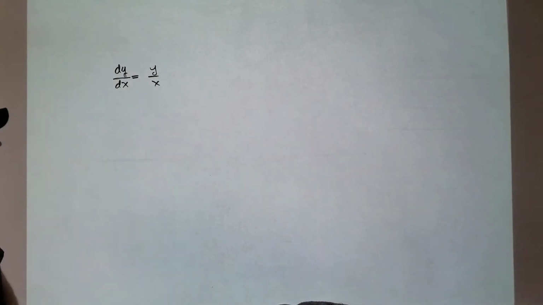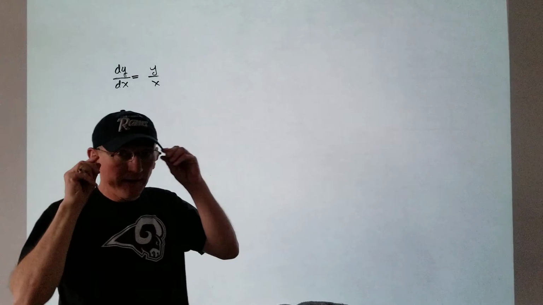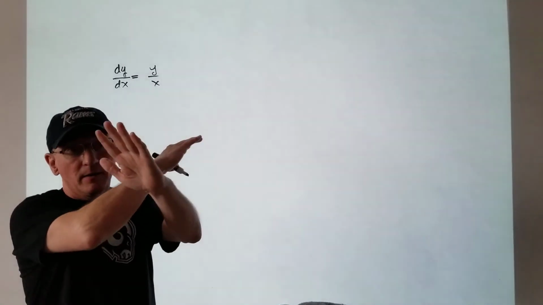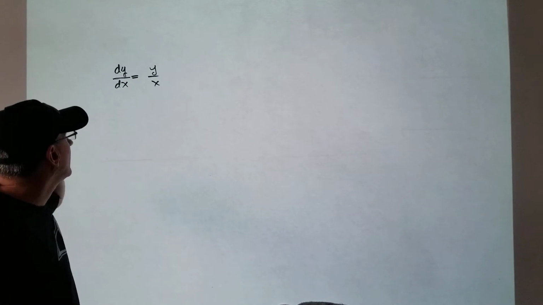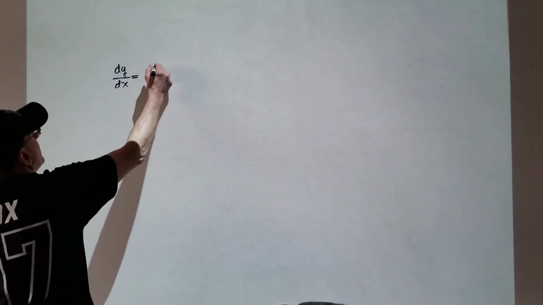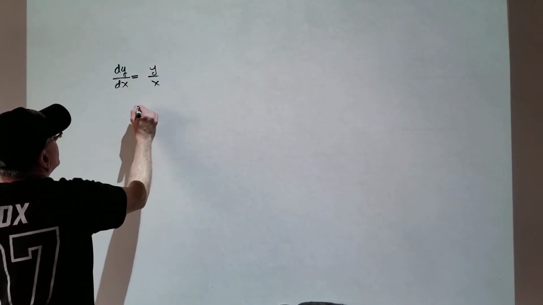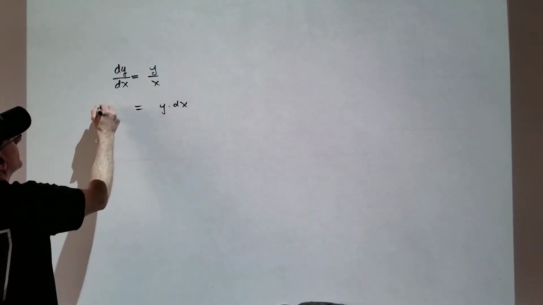Well, anytime two fractions are equal to each other, sometimes it's a very good idea just to take cross products, cross multiply. If you do that, multiplying this way, you get y times dx. Multiplying this way, you get x times dy.